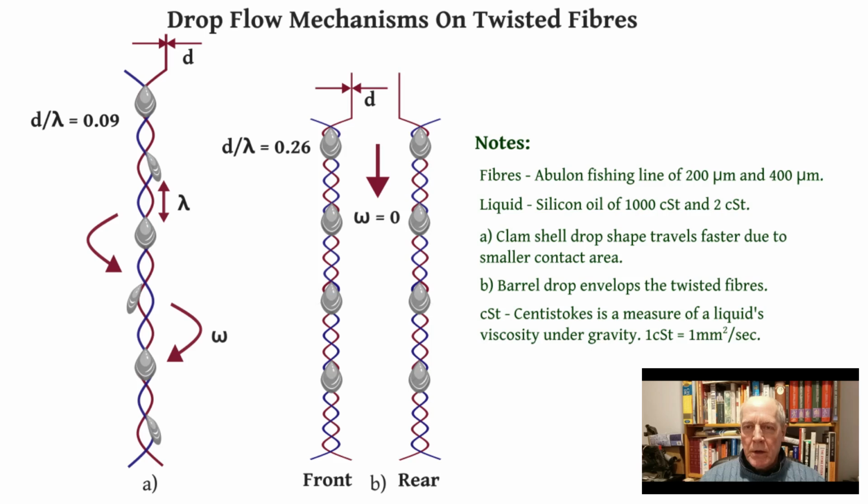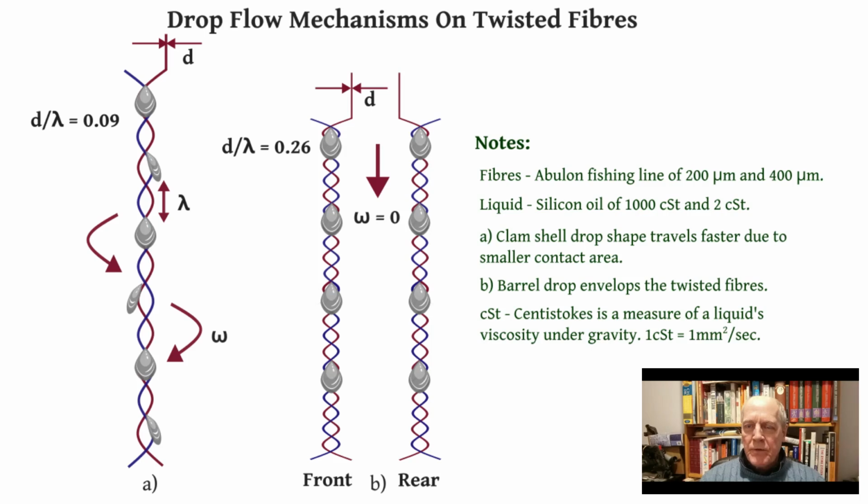Now, the key ratio in both A and B is the ratio of the thickness of the individual fibre to the wavelength. And in A, as you can see, that ratio gives a value of 0.09.